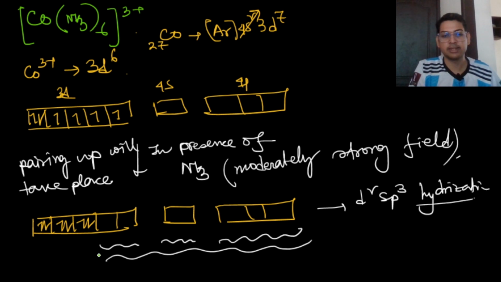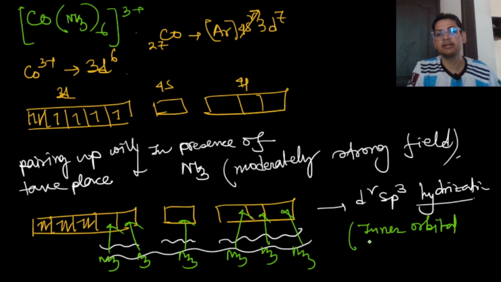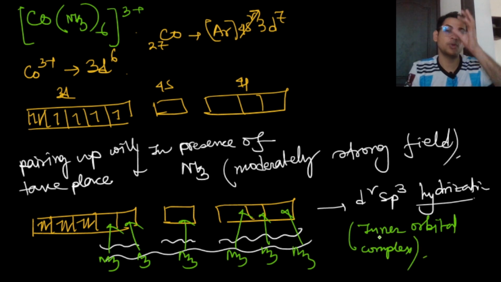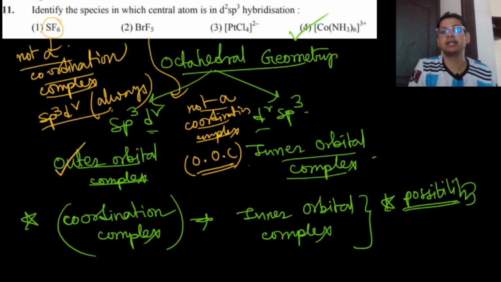Yes, NH3 will come in each of these orbitals, d2sp3. That means it is an inner orbital complex, right? Yes, it is inner orbital complex. By this way you have to do this. So sir, the answer of this question is definitely option number 4. Got it?